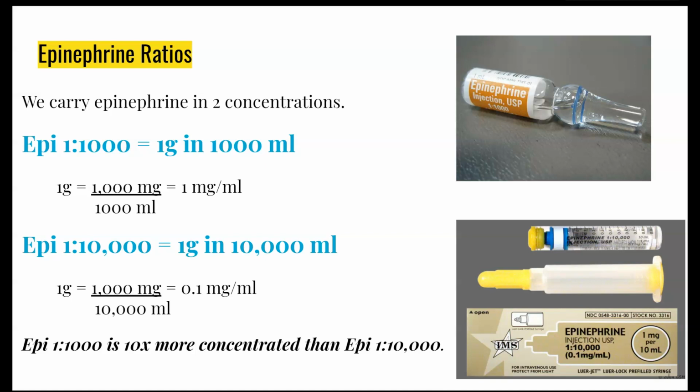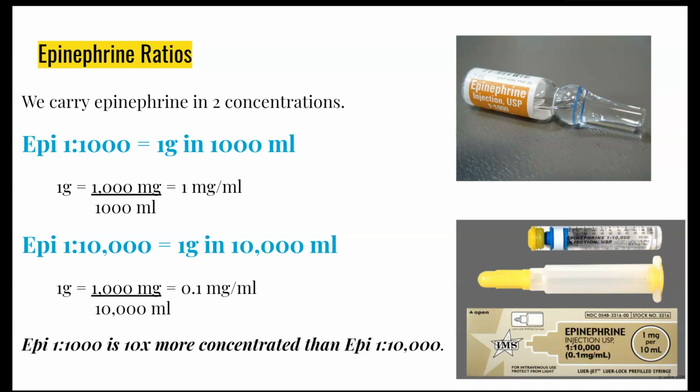That makes your math a little more complicated in that you're dividing by a different number. Again, you take your 1 gram and move it over 3 spaces to become milligrams. So in Epi 1 to 1,000, there is 1 milligram of epinephrine in every milliliter of medication, which is this vial right here.